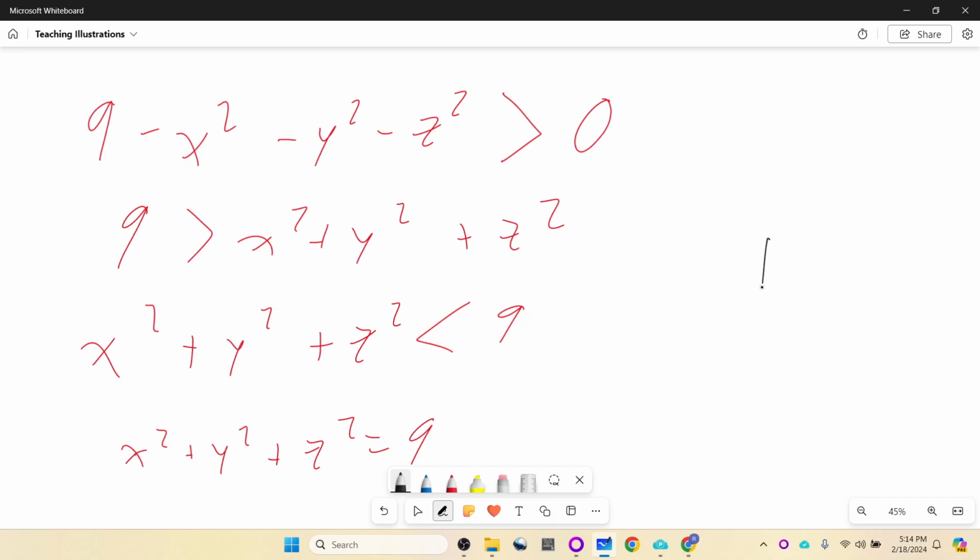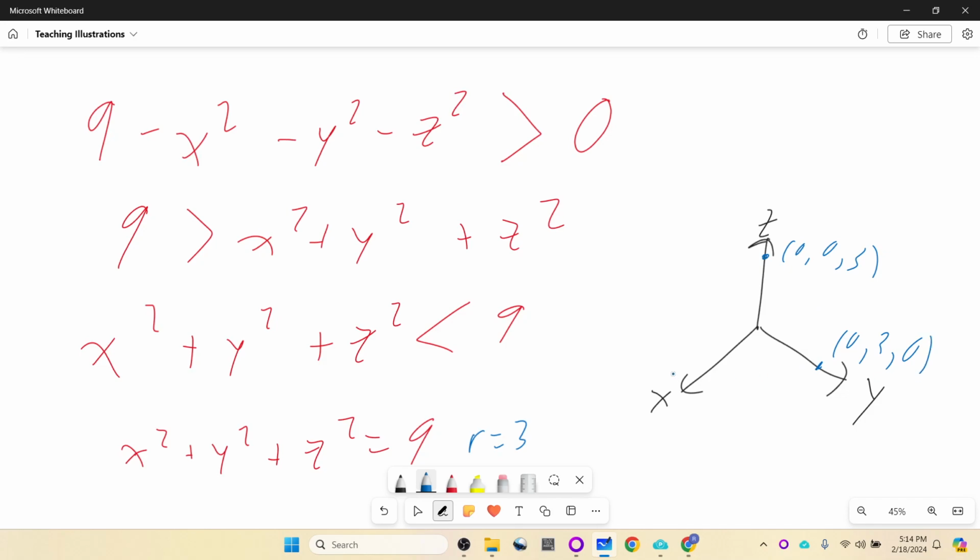So we will draw a sphere in 3D with radius equals 3. So 0, 0, 3, 0, 3, 0, and 3, 0, 0.